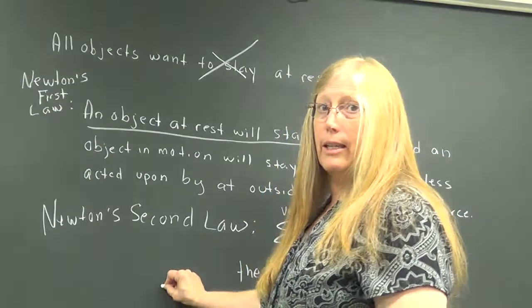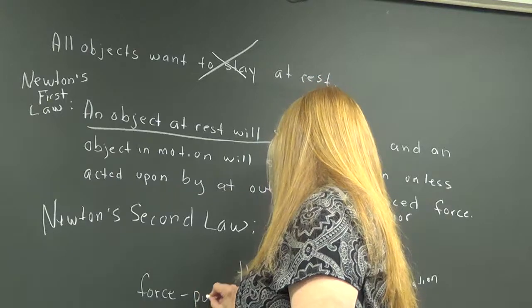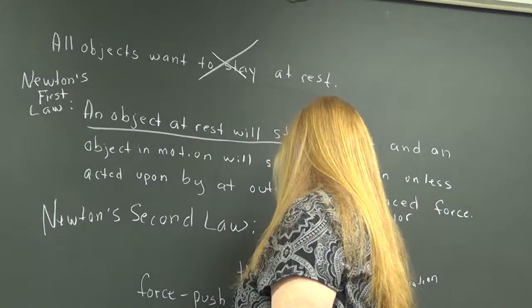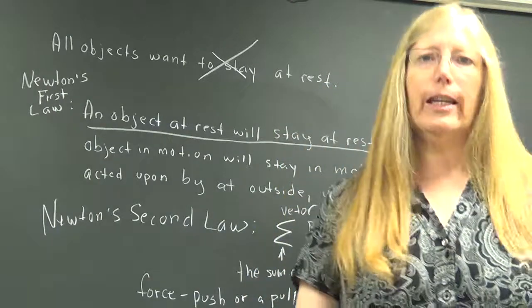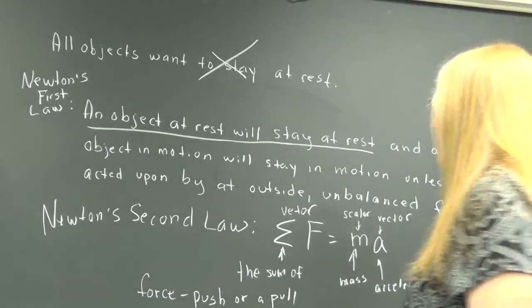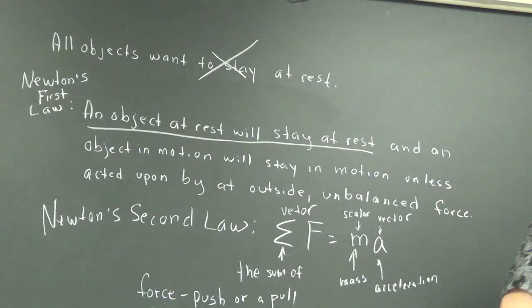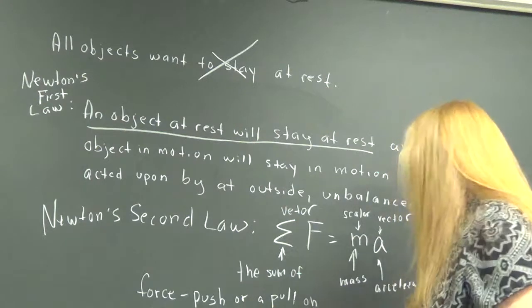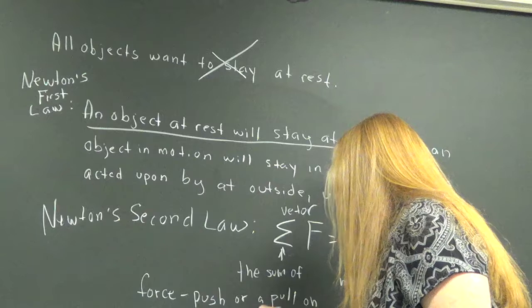Another thing we need to understand about force is what it is. Force is a push or a pull. All right, so we intuitively know that, but if it didn't show up, please write it out anyway. Force is a push or a pull on an object. I know this doesn't show up. I'll adjust the screen.